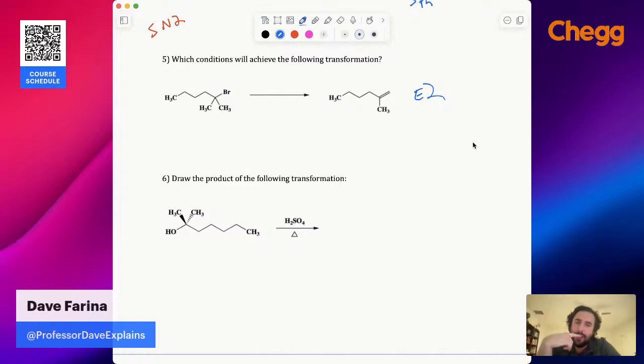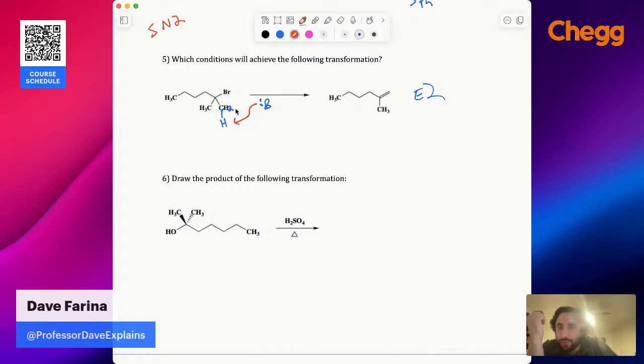Now, which proton was used in the elimination? Let's call this CH2 and put another H there. I'm just displaying one of these here to show what happened mechanistically.